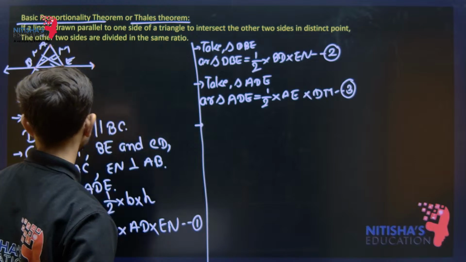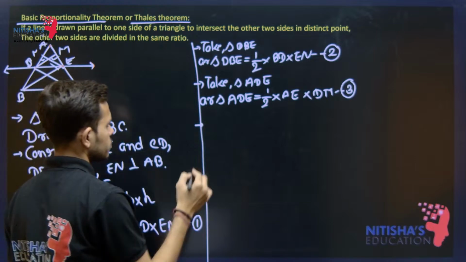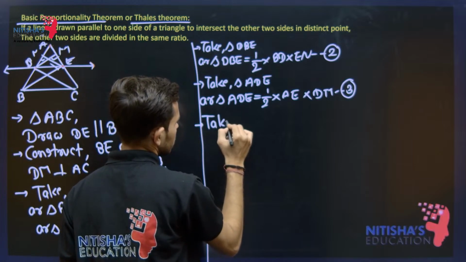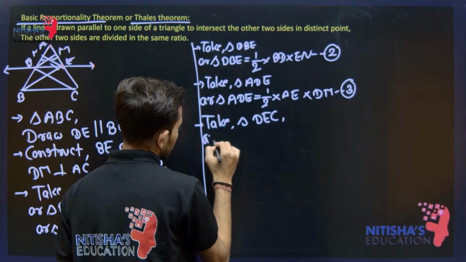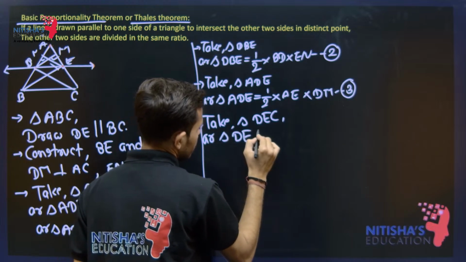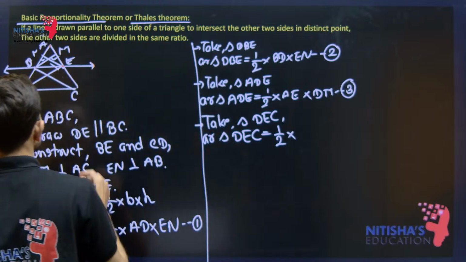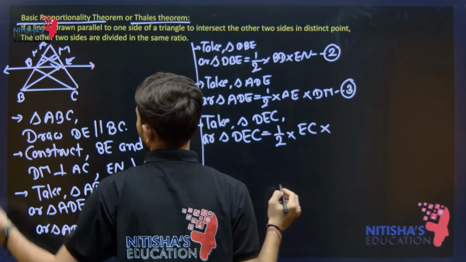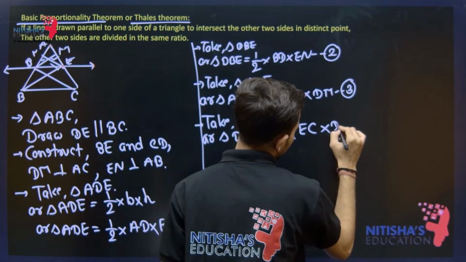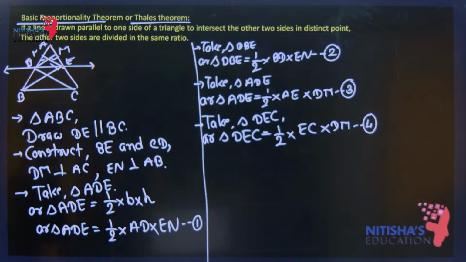Let's take another triangle which is DEC. So area of triangle DEC is equal to 1 upon 2, the base will be EC and the height will be DM. It is our fourth equation, right?